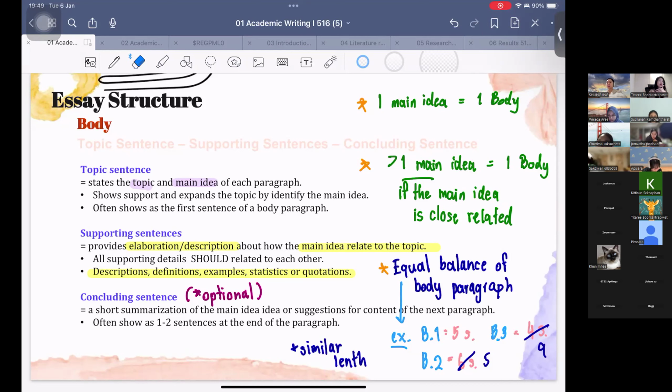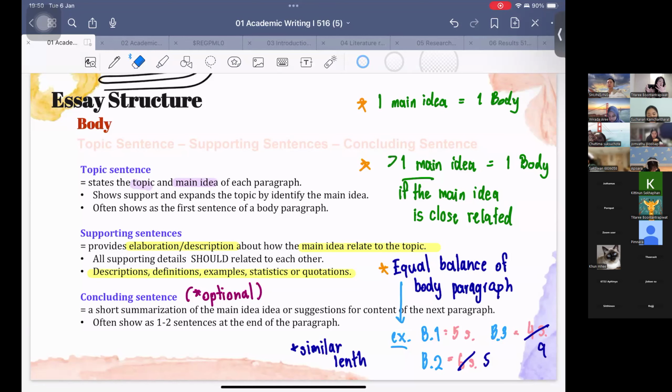Having several paragraphs would be better in terms of reading and writing. In terms of writing, when you have several paragraphs, you can properly divide things, like body paragraph one focusing on main idea one, and then body paragraph two focusing on the next main idea.